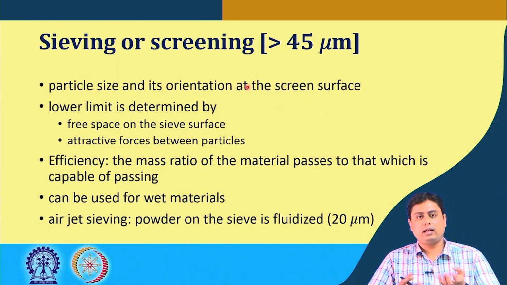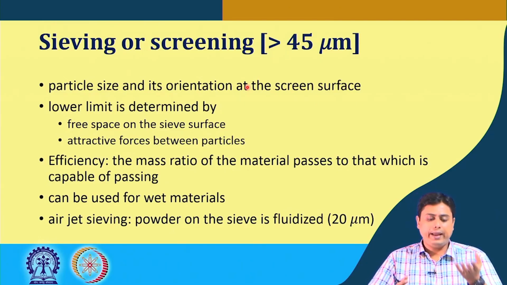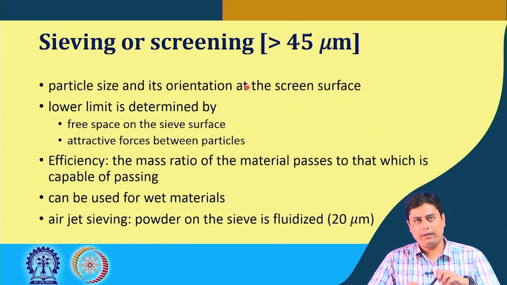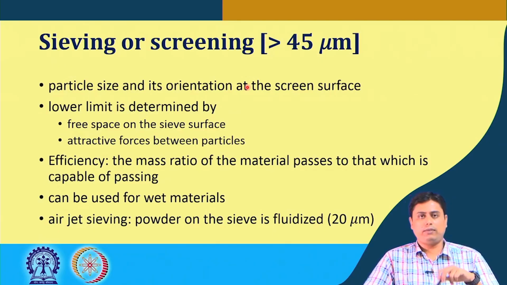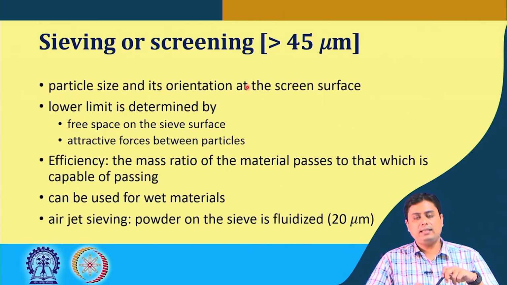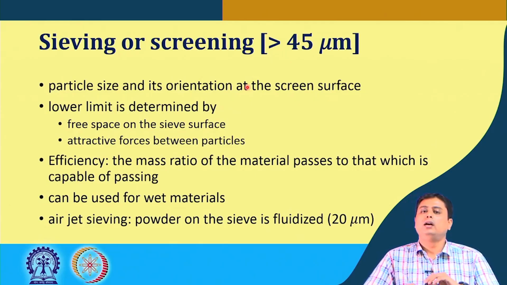By this kind of wet technique, even though in the heading I mentioned that the sieving or screening operations are typically applied for sizes of more than 45 micron, by wet screening or this air jet sieving, the particle size also can be separated down to 20 micron, that means we can identify the size range of 20 micron particles.